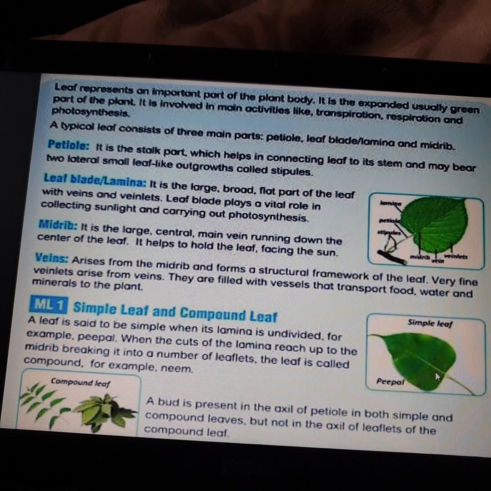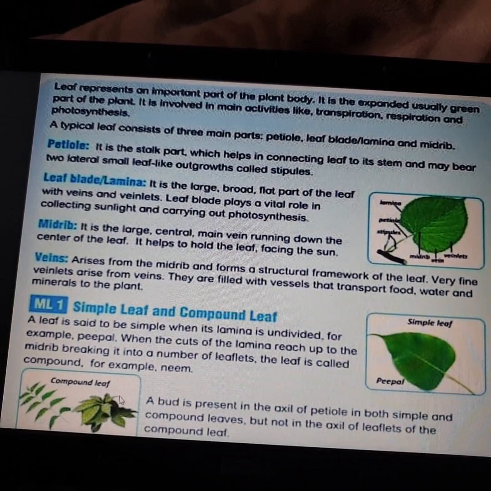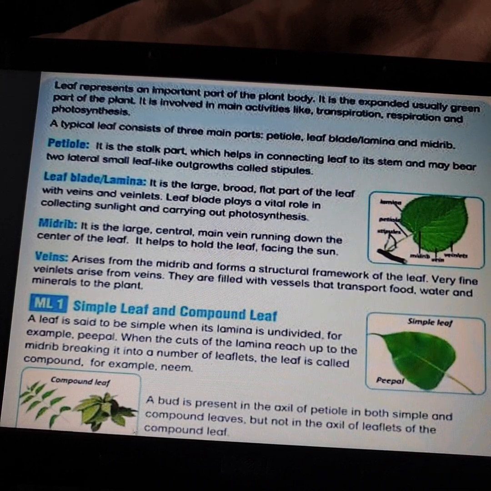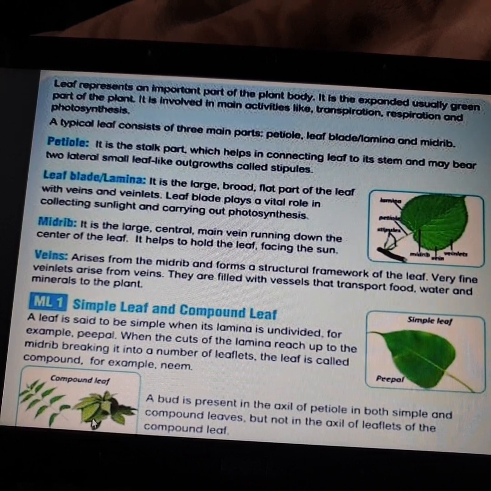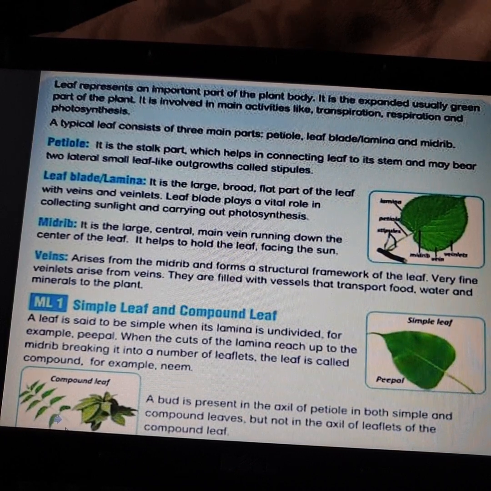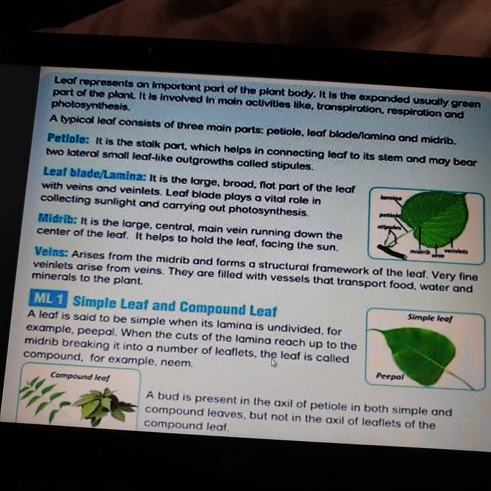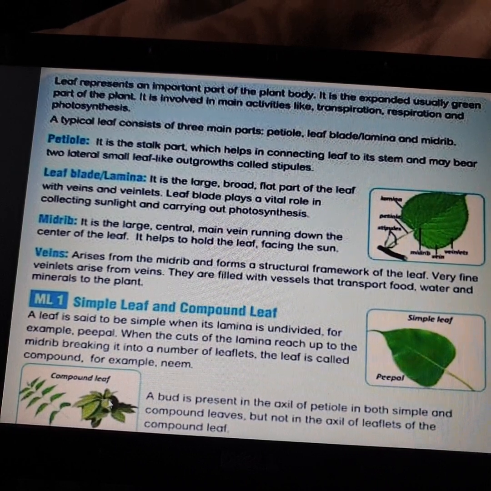When the lamina is broken into a number of leaflets, the leaf is called compound, that is the neem. So you can see here the difference between a peepal tree leaf and a neem tree leaf, a simple leaf and a compound leaf. Okay, so there are a lot of differences.